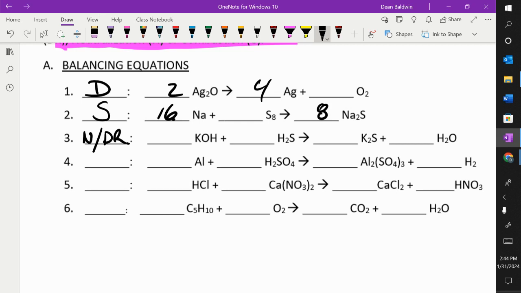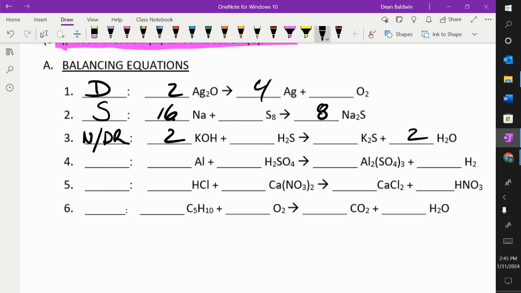Neutralization, double replacement. Okay. How do we balance this one? So we have 2 potassiums here. So if we put 2 there, okay. How many oxygens are on the left-hand, the reactant side? 2. How many are on this side? So let's put 2 there.